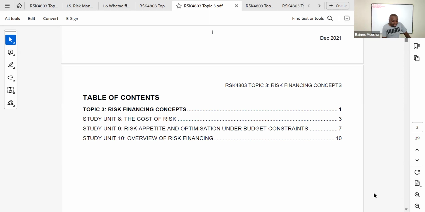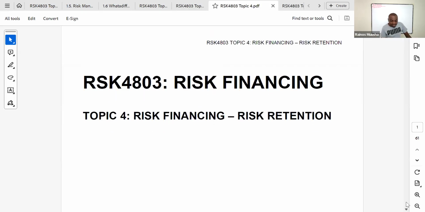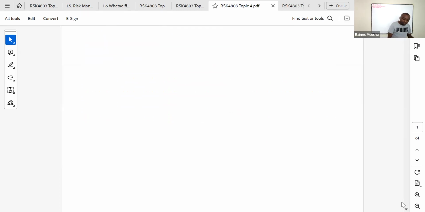Then study unit 10 basically looks at an overview of what we have covered so far, and also tries to link it to the next study unit that we are going to be looking at, which is study unit 11. Now, remember we said that when it comes to risk, one can either retain risk or they can transfer risk as well.